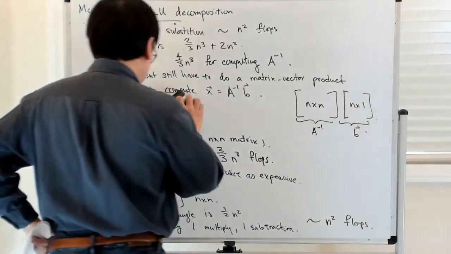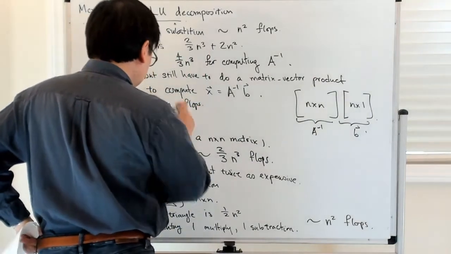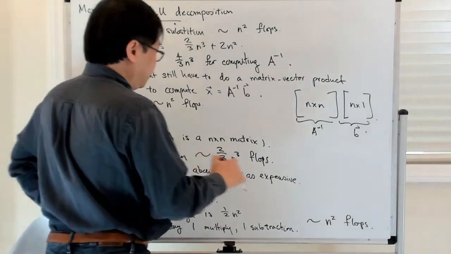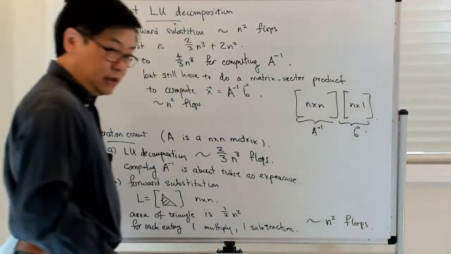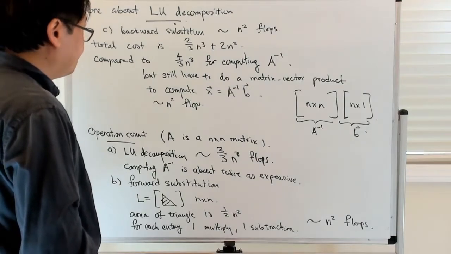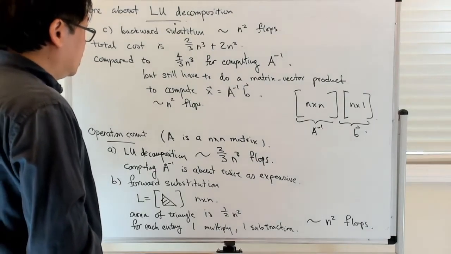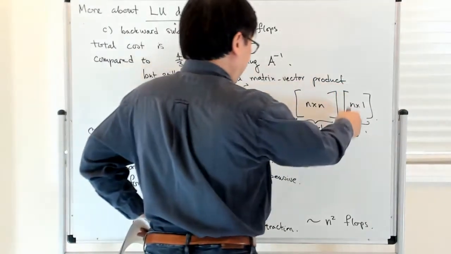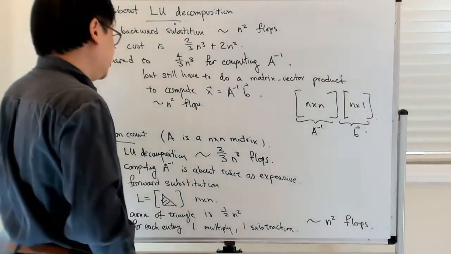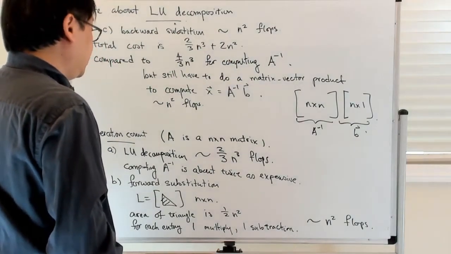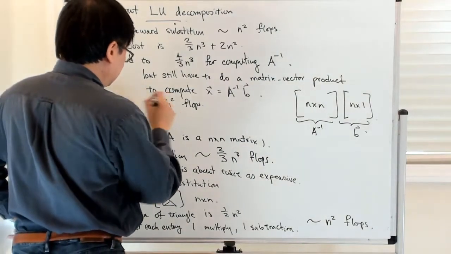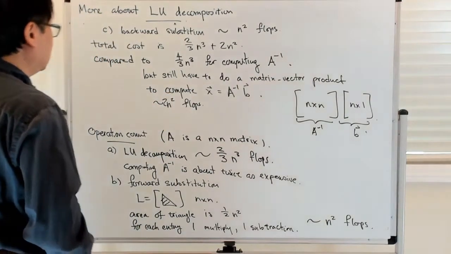The n squared flops, sorry. It takes roughly n squared flops to do this matrix vector product, because there are n entries for the vector, and each of those n entries takes about n operations to compute. We're really 2n, I guess. So roughly 2n squared flops.